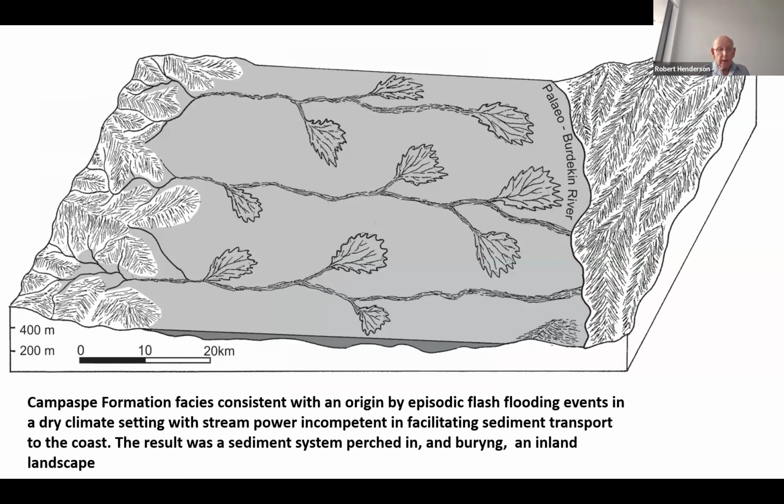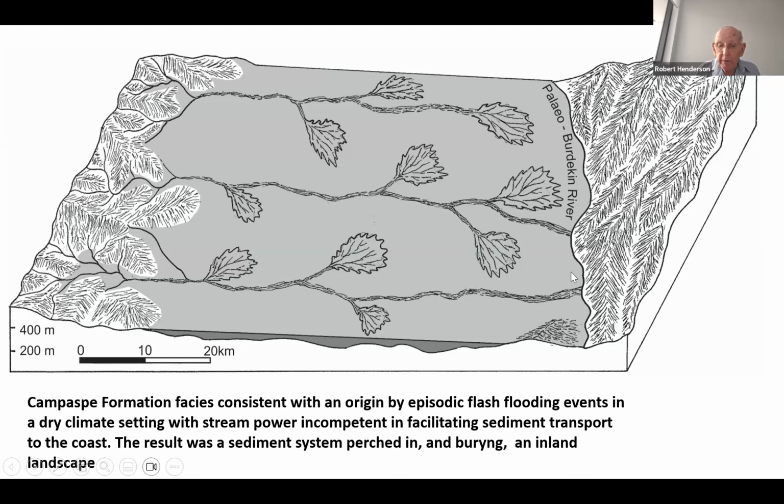So, how does that work? Why didn't all the sediment get down here into the Burdekin drainage and get delivered to the coast, as is happening presently? Here's a bedrock over here, a deeply weathered bedrock surface and ferricrete surface, delivering sediment down to the Burdekin, or towards the Burdekin.